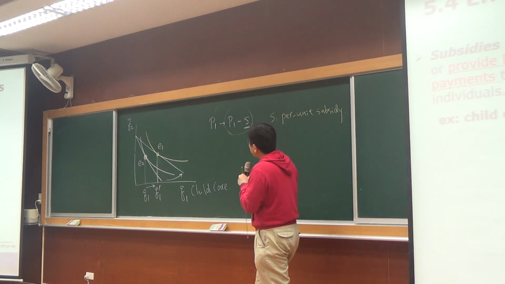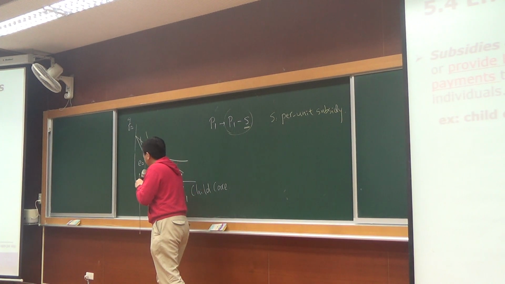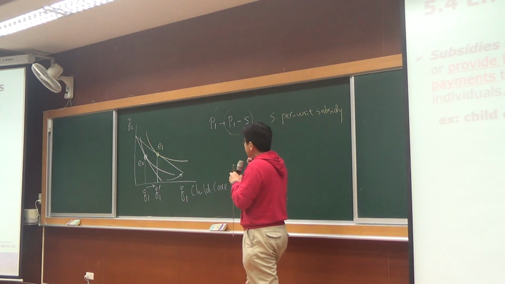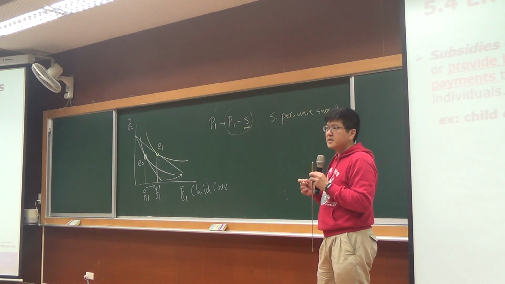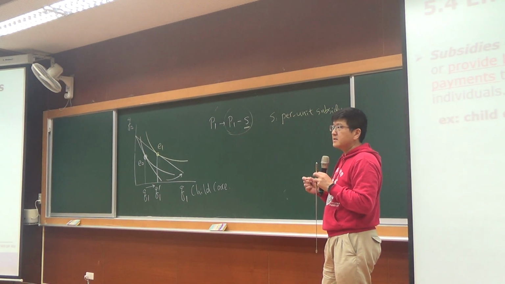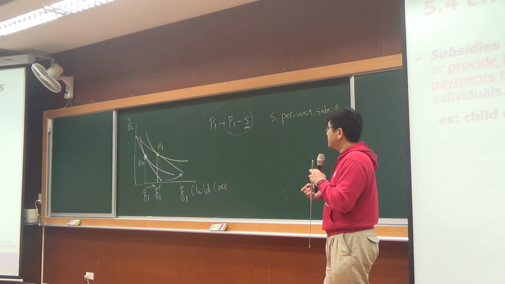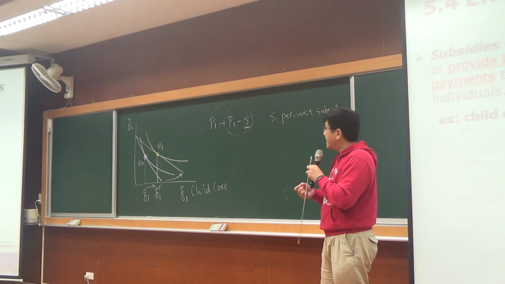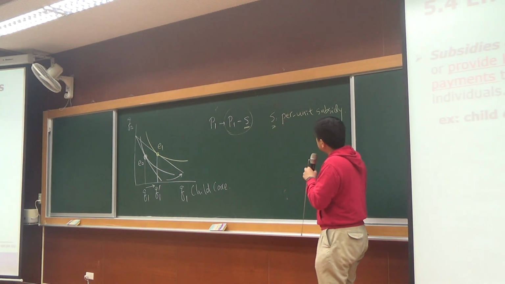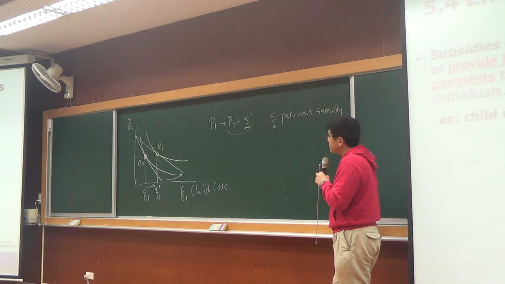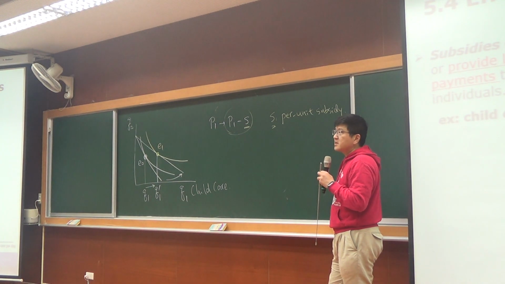And which one do you think, Q1 or Q1 prime, is the base on which the government subsidizes? If you are the government, you promise the consumer that, okay, I will give you some subsidy, and per unit it will be S. So it depends on how many units you consume.